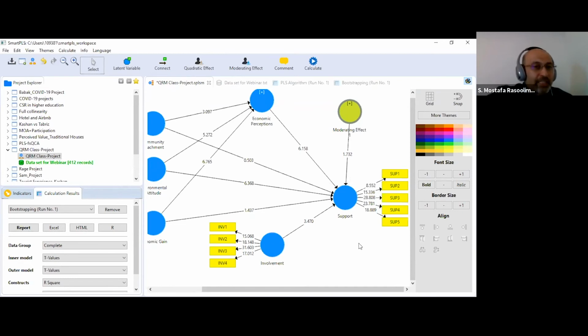We don't interpret the effect of involvement on support, because this is not meaningful. We don't interpret this one, right? We only interpret this interaction effect, its significance and sign, right?